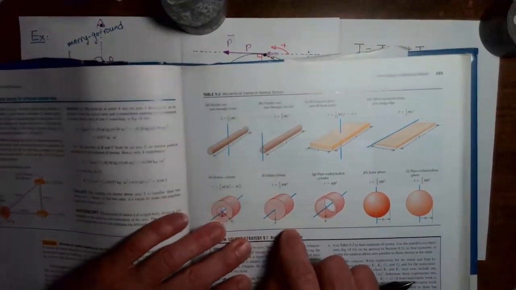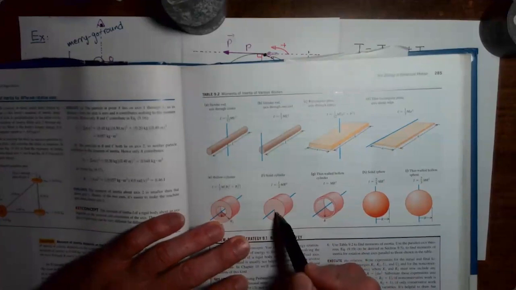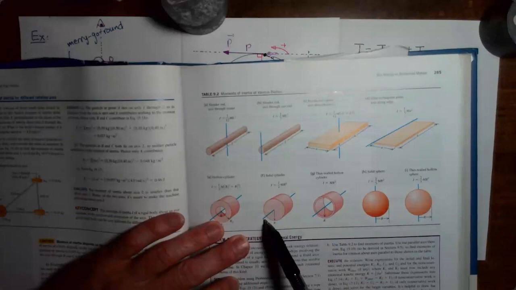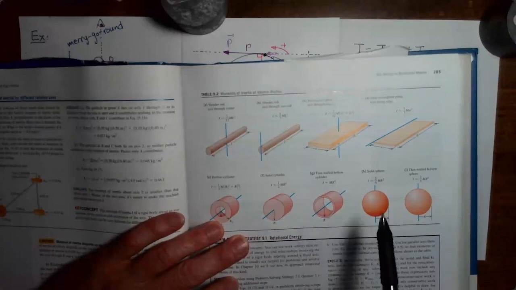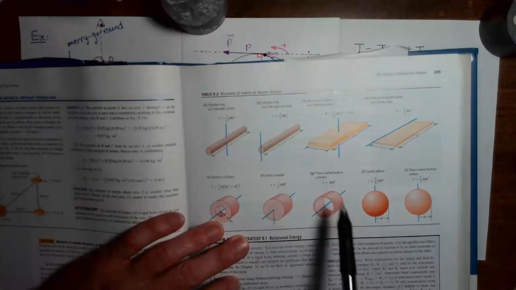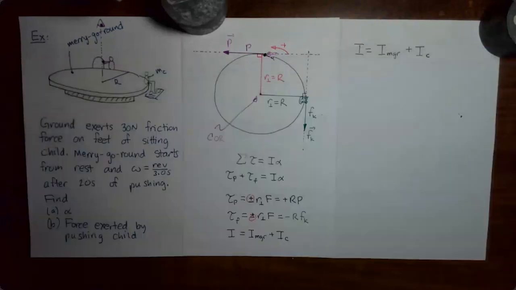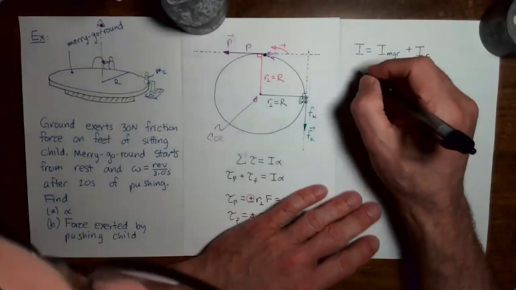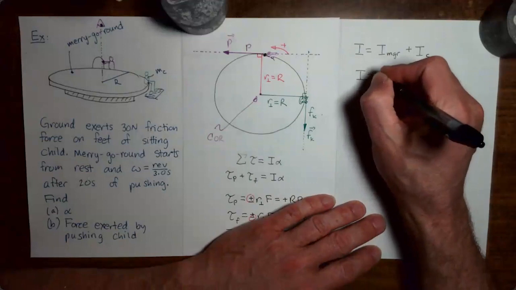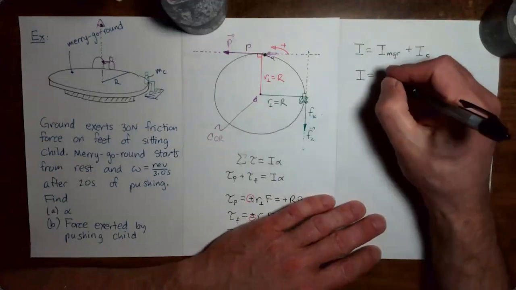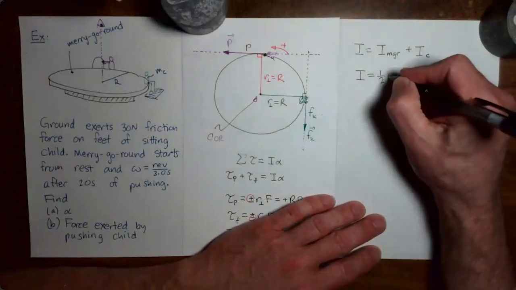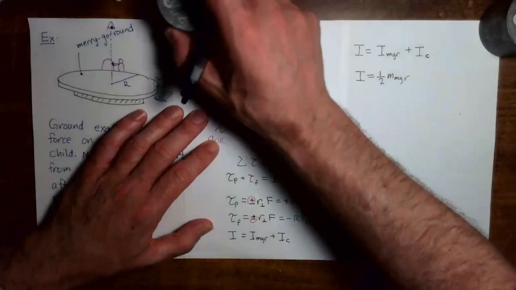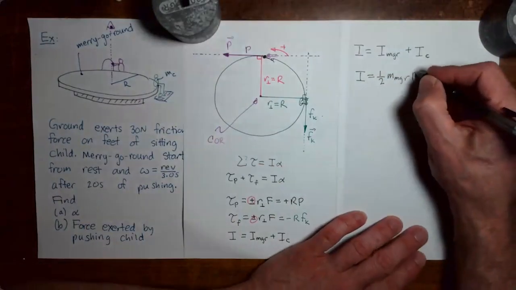In this particular book, I can come right to here, and I have that the moment of inertia for a solid cylinder rotating about its symmetry axis is 1/2 the mass times the square of the radius. So the moment of inertia of the merry-go-round would be 1/2 mass of the merry-go-round, times the square of the radius.